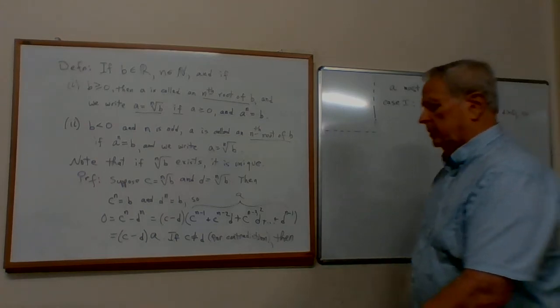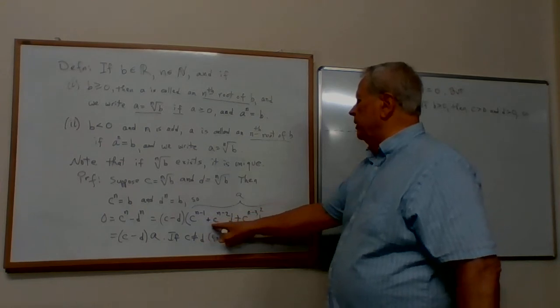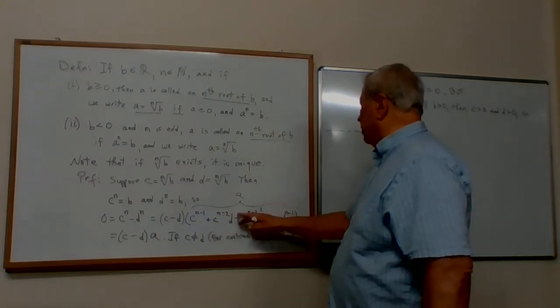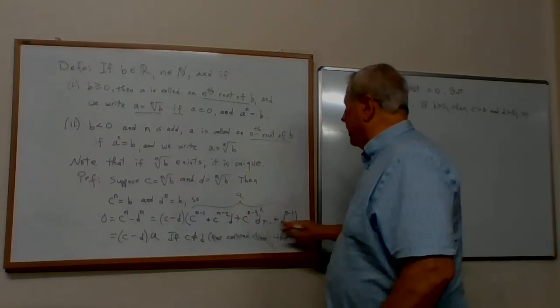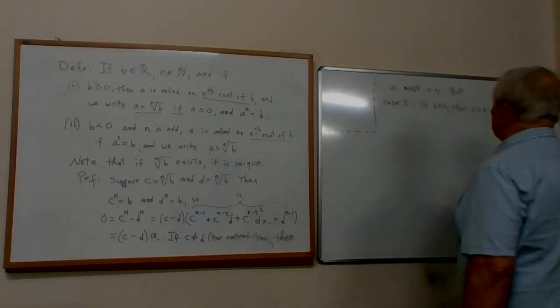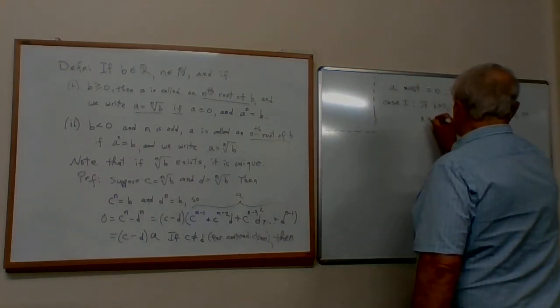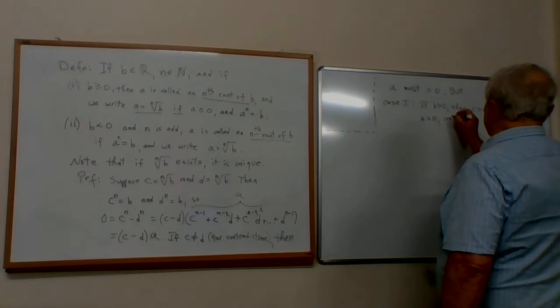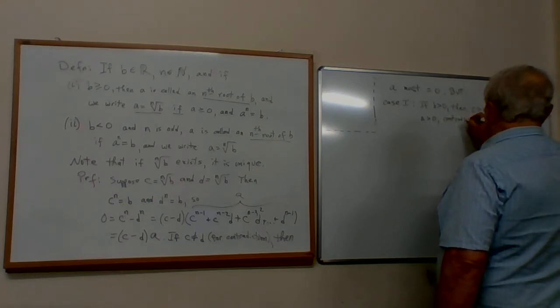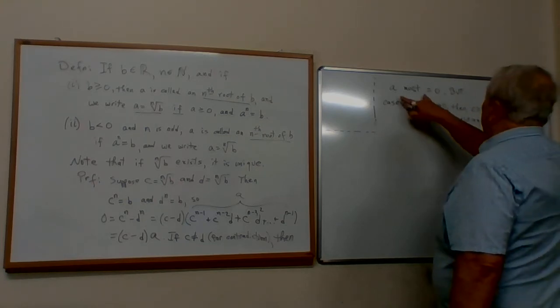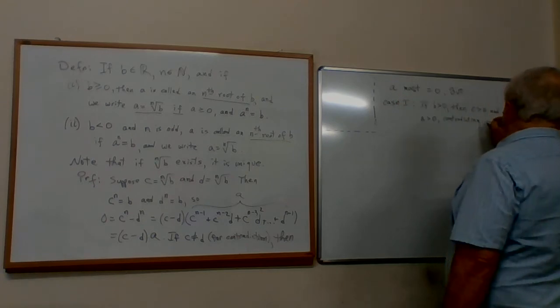So C to the n minus 1 plus C to the n minus 2 times D plus all of these are positive numbers, so A is greater than 0. Contradicting that A must equal 0.